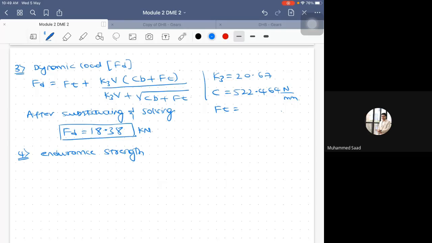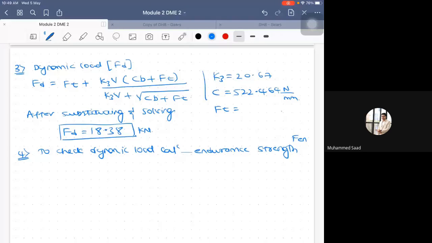To check dynamic load. Endurance strength is nothing but F suffix EN, FEN. Just check your data handbook. If you find a formula where I can calculate FEN, just give me that.